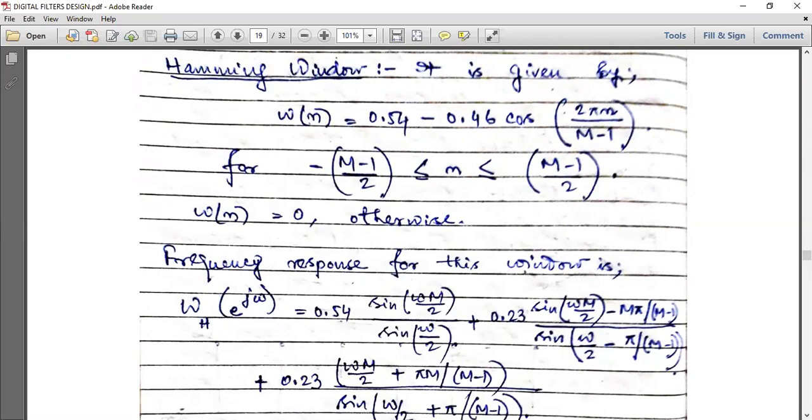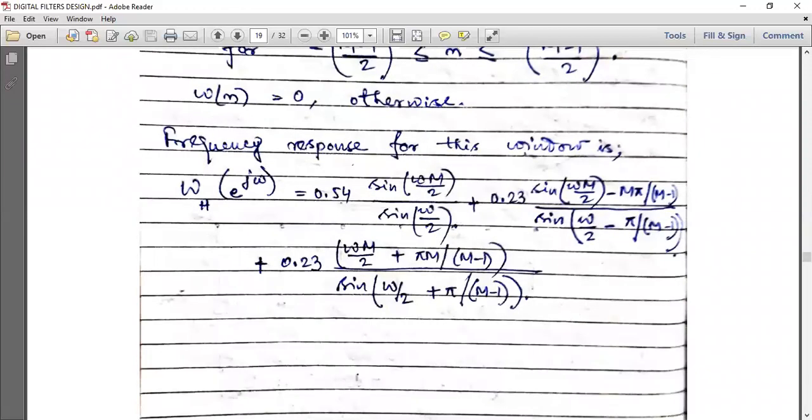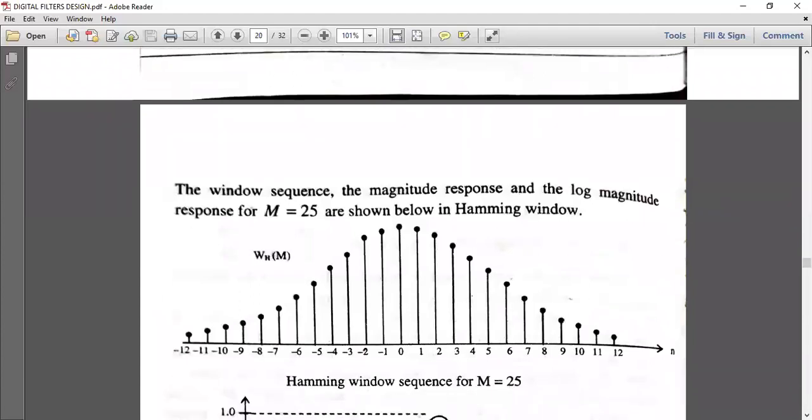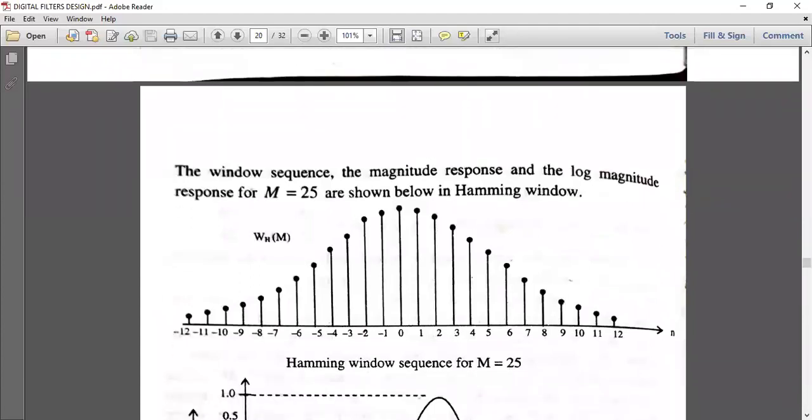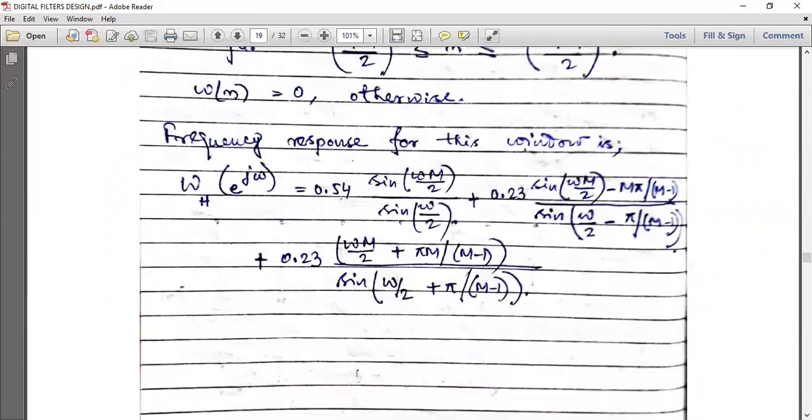So W_H(e^jω) equal to 0.54 sin(ωM/2) by sin(ω/2) plus 0.23 sin(ωM/2 minus Mπ/(M minus 1)) by sin(ω/2 minus π/(M minus 1)) plus 0.23 sin(ωM/2 plus Mπ/(M minus 1)) by sin(ω/2 plus π/(M minus 1)). Clear? Now, this is the frequency response of the Hamming window.